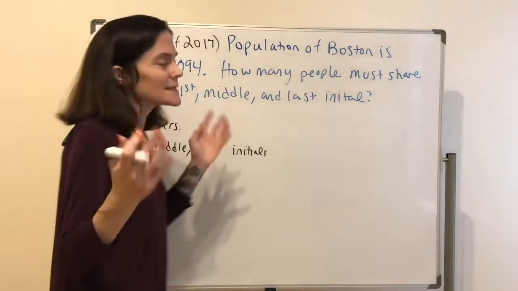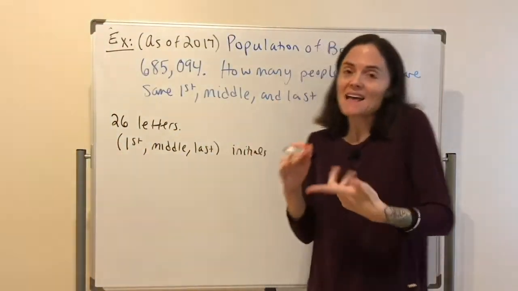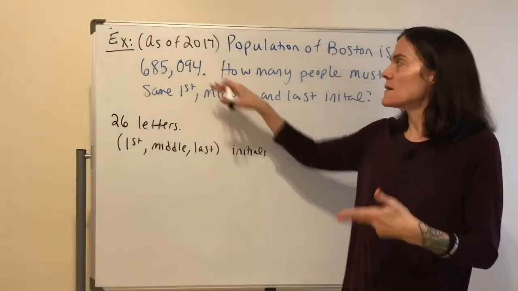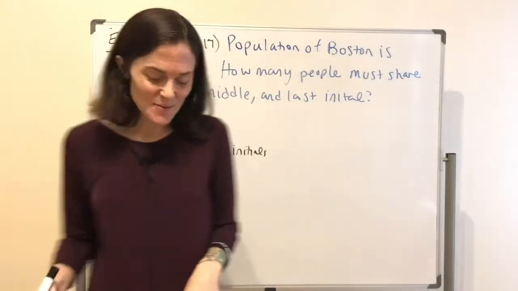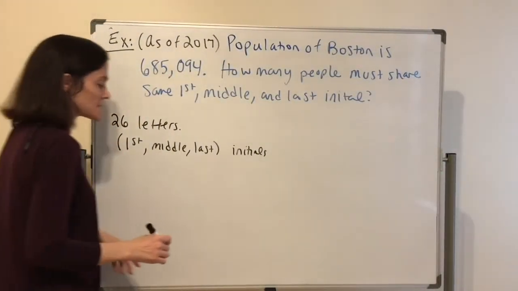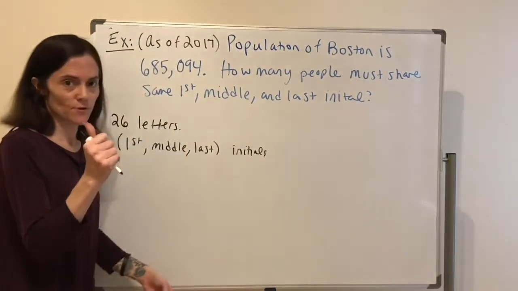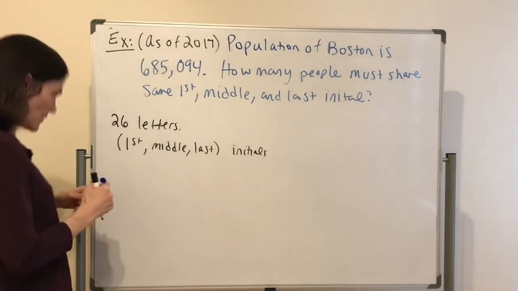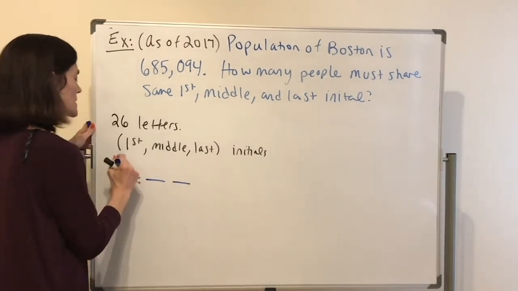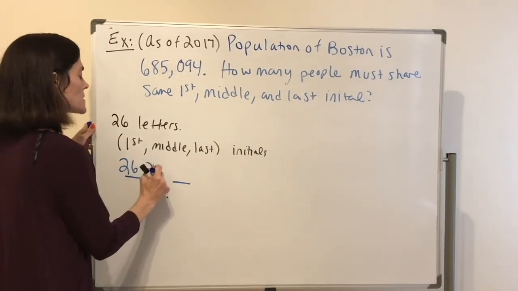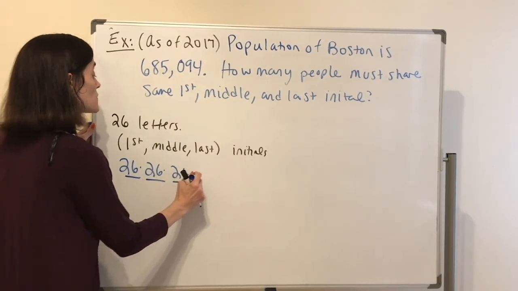Now, again, something I'm also assuming is that everyone has a first, middle, and last initial, and that may or may not be the case, but for the purposes of this example, every resident has a first, middle, and last initial. Okay, so we can count these. We have 26 options for the first, 26 options for the second, and 26 options for the third.